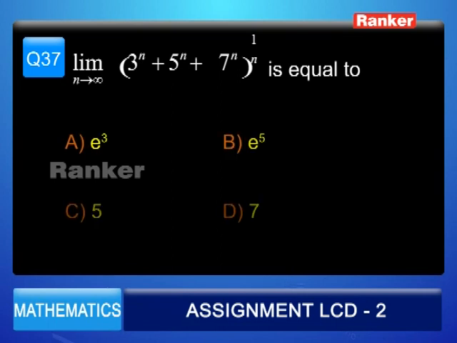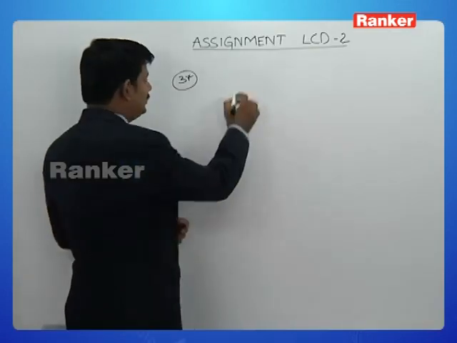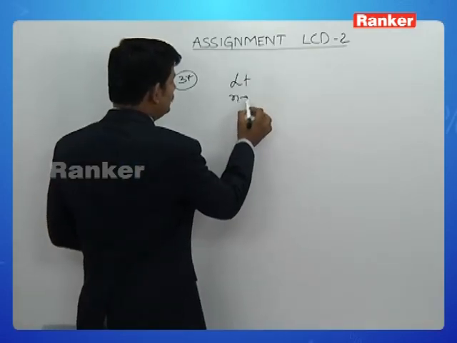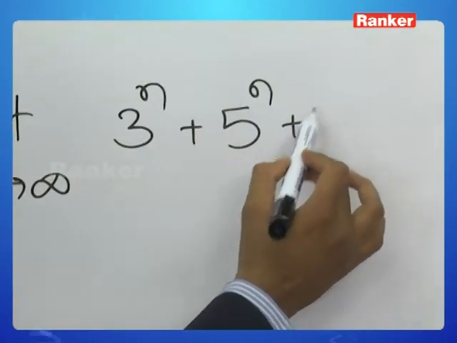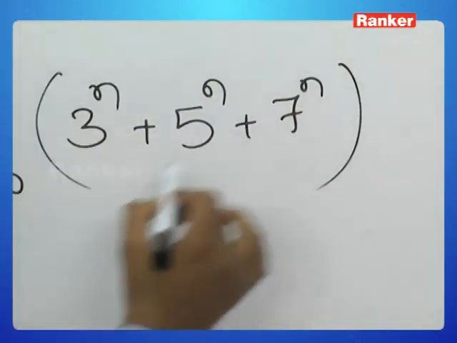Next question, limit n tending to infinity of (3 power n plus 5 power n plus 7 power n) whole power 1 by n. We need to evaluate this limit.